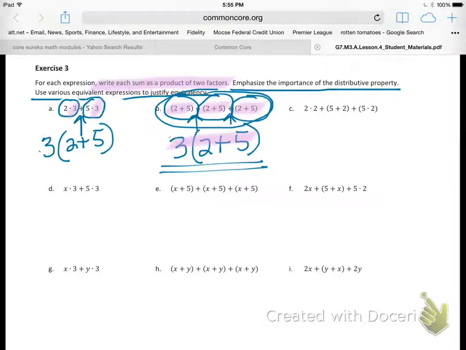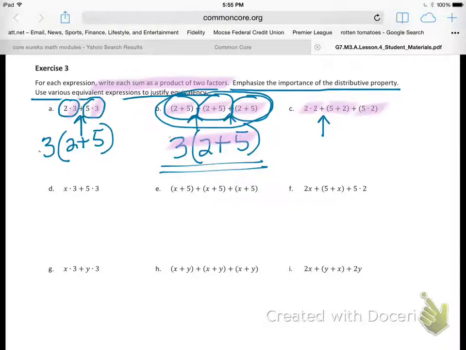Okay. So what we have here in C is we have 2 times 2 here. That's one product, a product expression. And then we have an addition. Then we have 5 times 2, and then another 5 times 2.